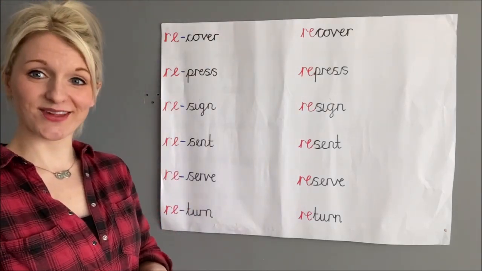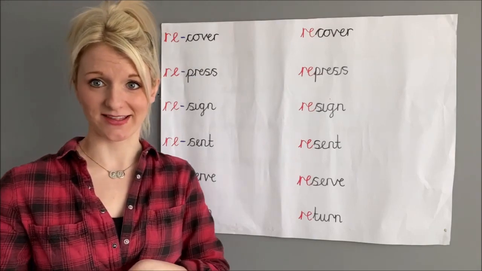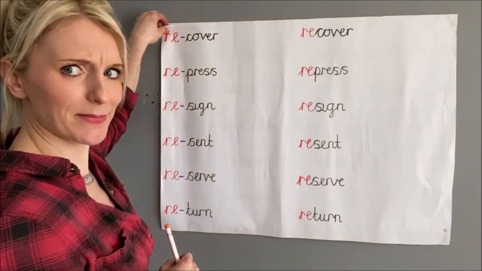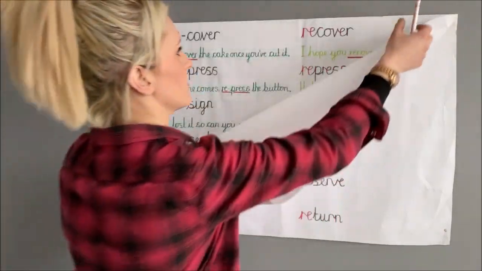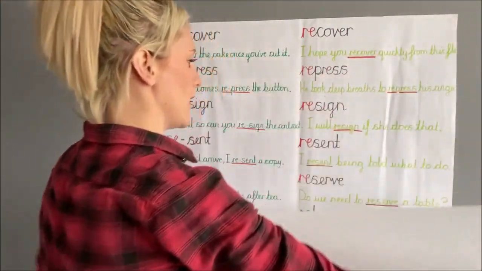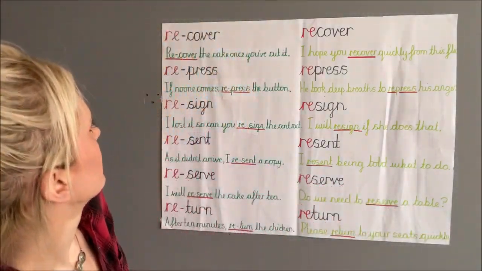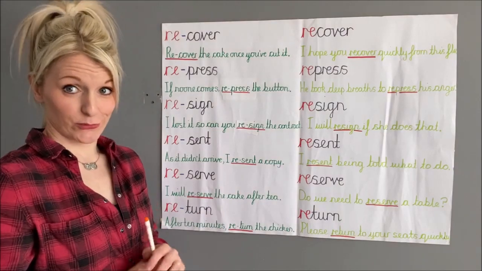Okay, so hopefully you've had a go at writing a sentence for each one. So I'm going to show you what my sentences were. Now remember, you don't need to have exactly the same sentence as me, but I've used the words in their different contexts here. I'll just read them very quickly for you so you can check them.